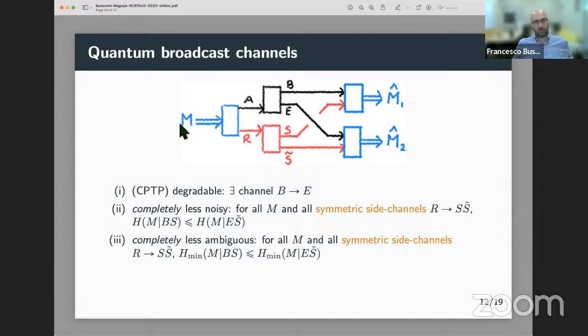asymptotic setting. Yes, I know, and I understand why. But is it possible that you compare the payoff function, for example, using the fidelity?